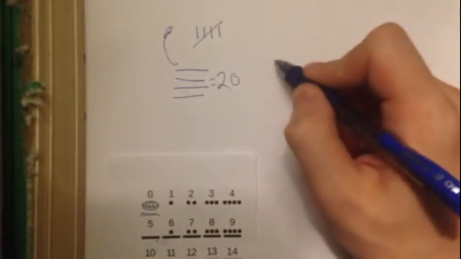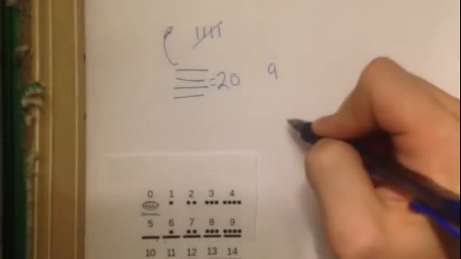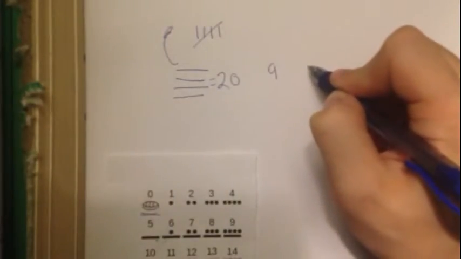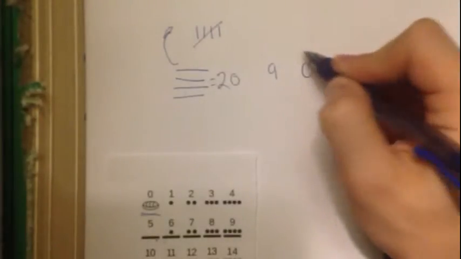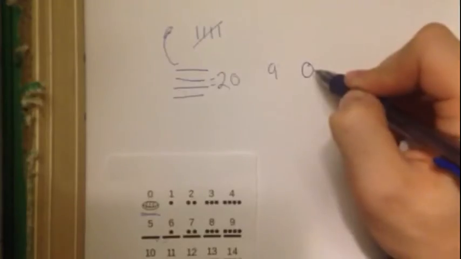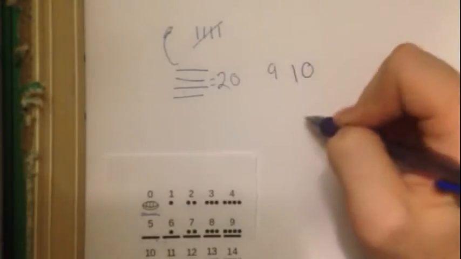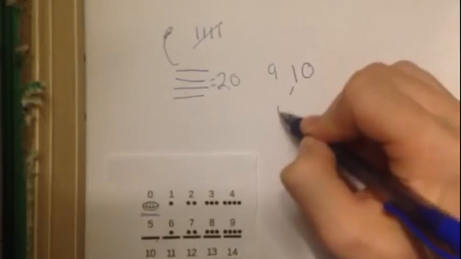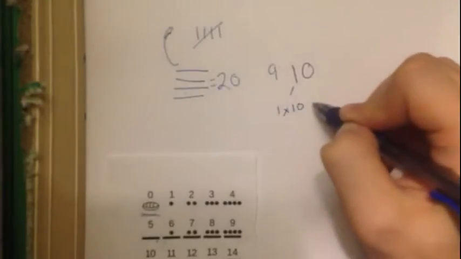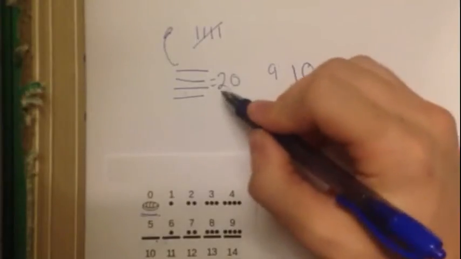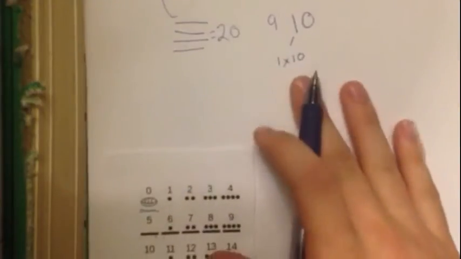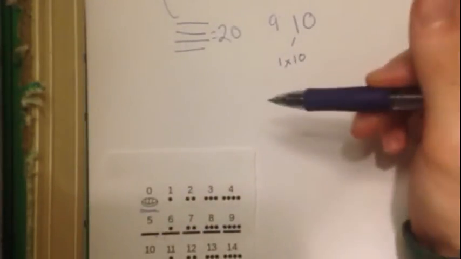So in Hindu Arabic, in base 10, when we're at 9, and then we count to 10, we move the 0 into the ones place to hold the place of nothing being in the ones place, and we put the 1 in the tens place to show that that is 1 times 10. Same concept in the Mayan system, except instead of going left to right, they go top to bottom.